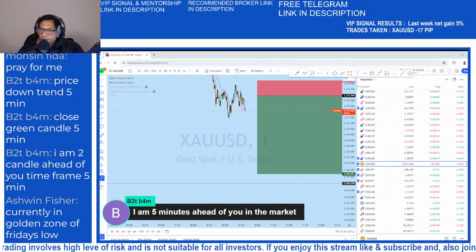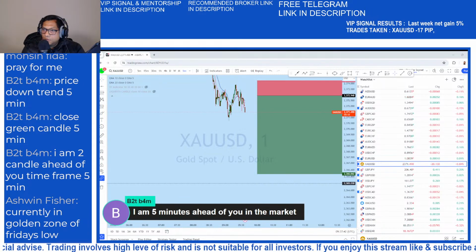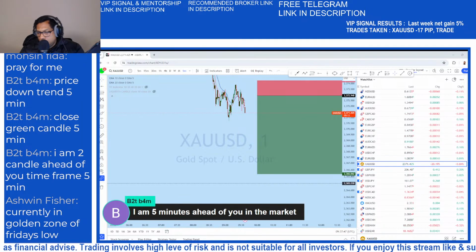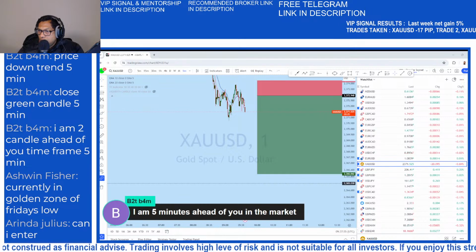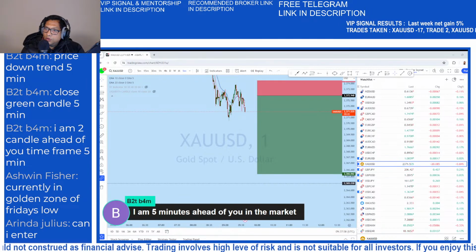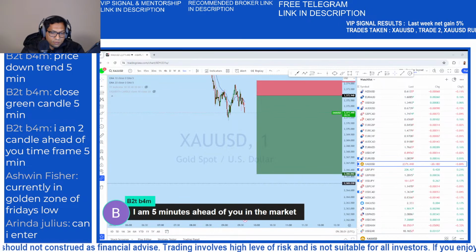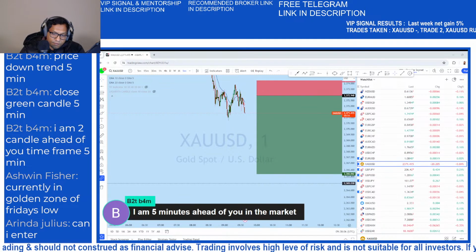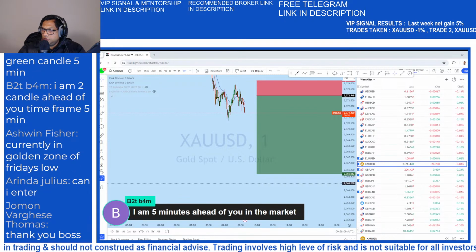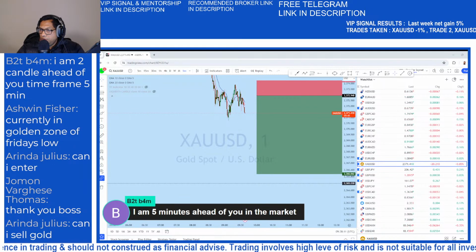Running on gold. Rather, I record with percentage, because in fact it's better to keep it on percentage rather than on pip.